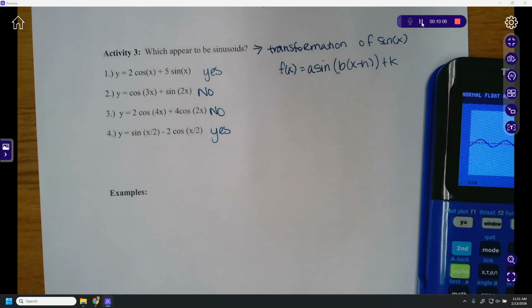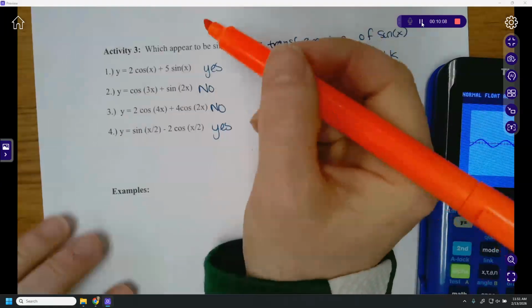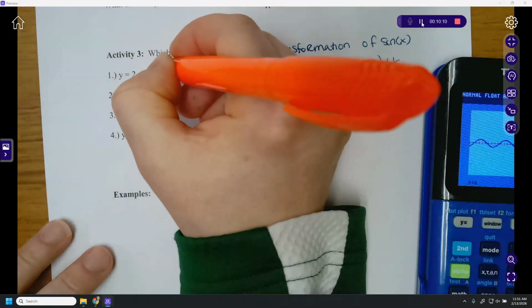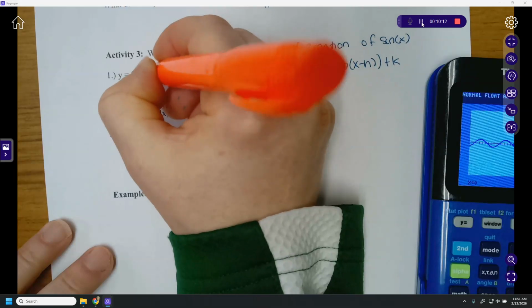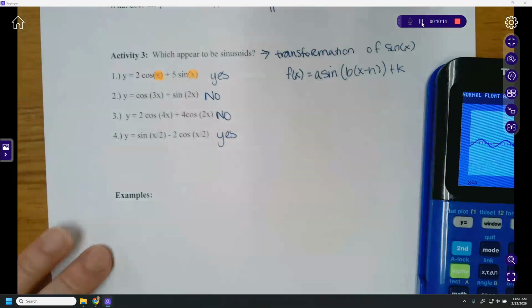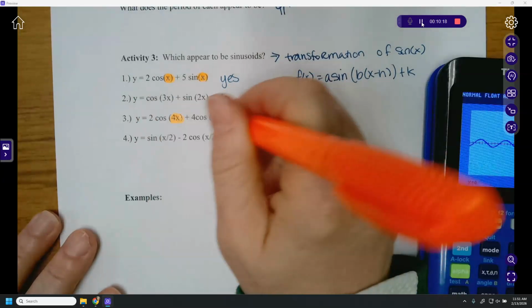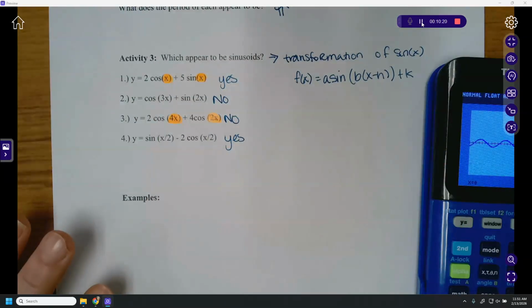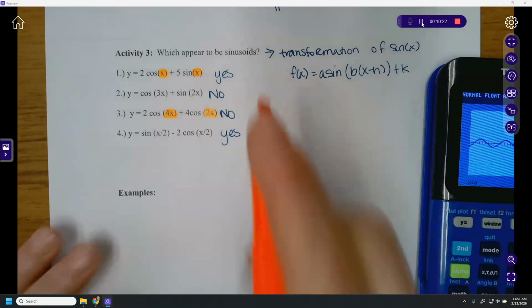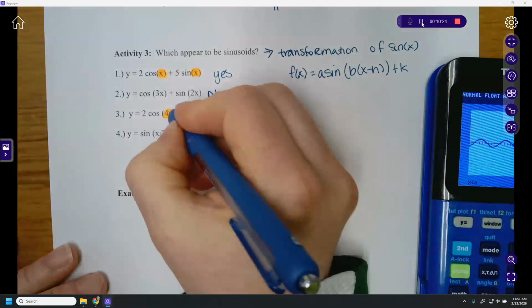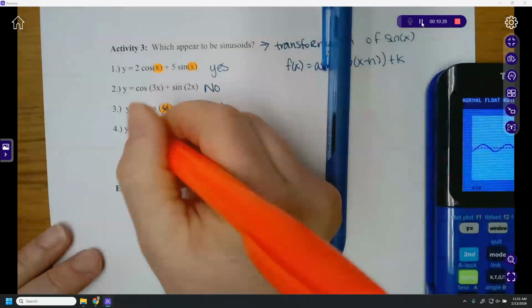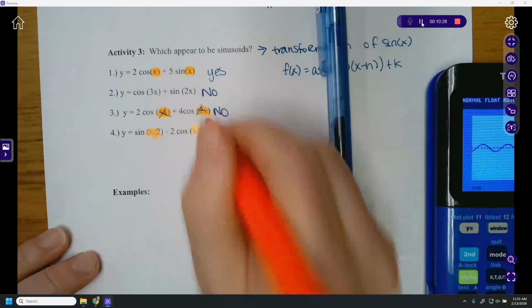And so I'm going to just point out to you that what's consistent in number 1 and 3 is what's inside the cosine function or sine function. Oh, that one wasn't. Sorry. Number 4. What's inside the parentheses is what mattered.